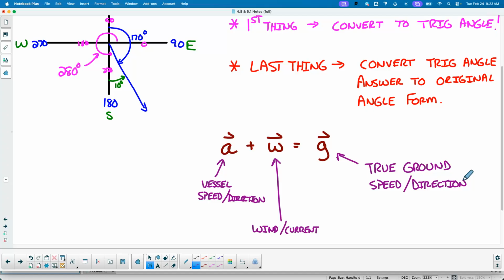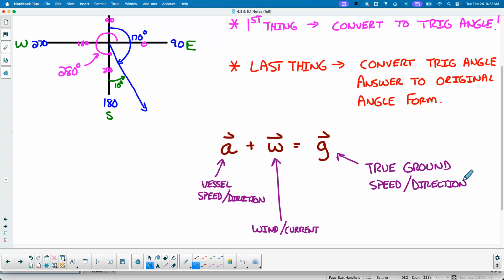A is like when you set the cruise control in your car. A is setting the cruise control on your vessel. Then you're getting acted upon by the wind or the current. And G is what's actually happening. If the wind is from behind you or if the current is from behind you, it's going to help you. It's going to make you go a little faster.